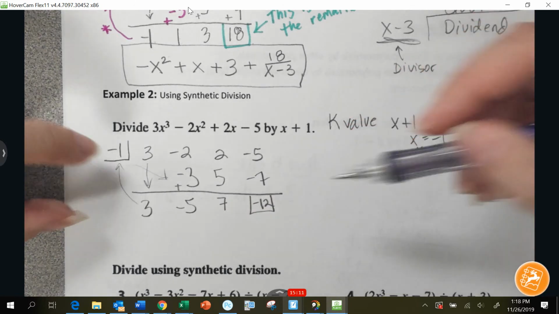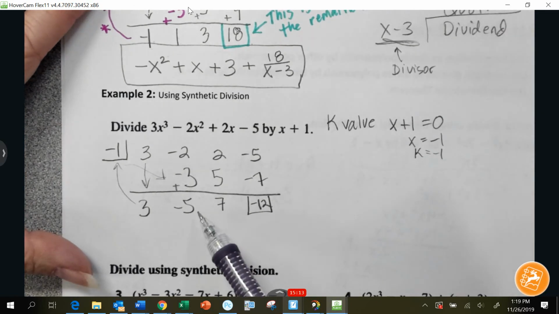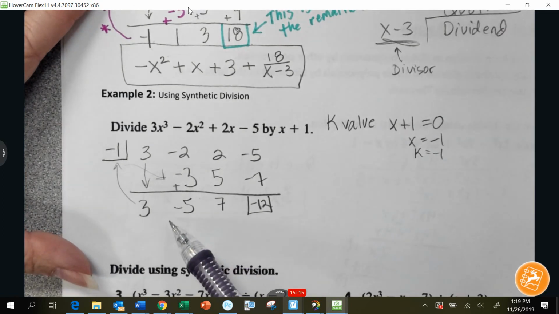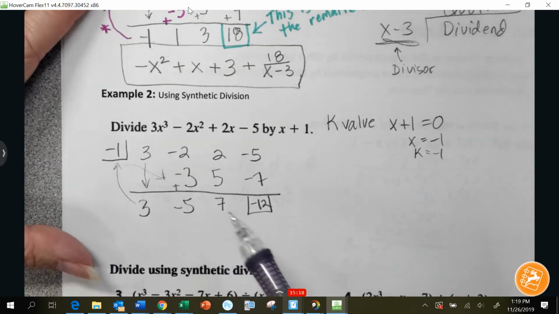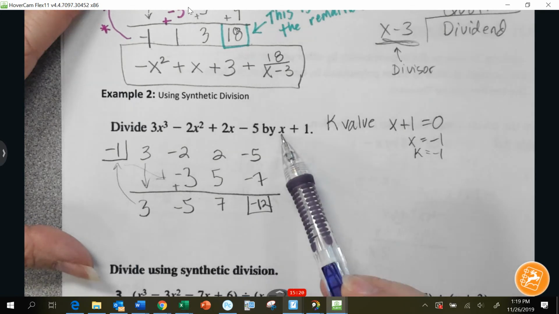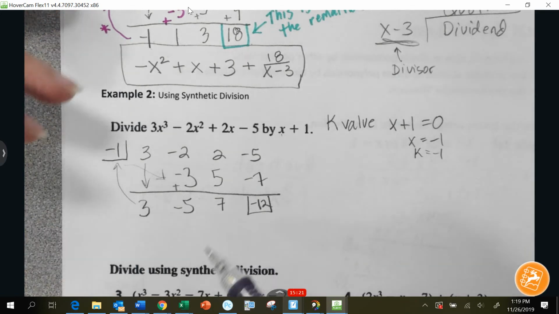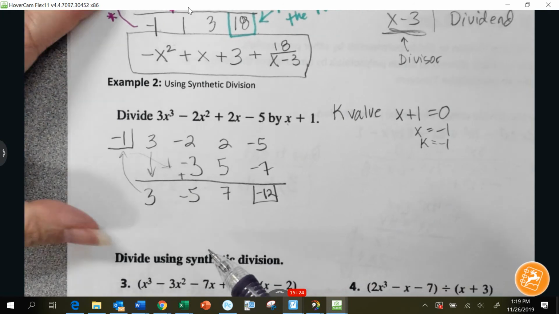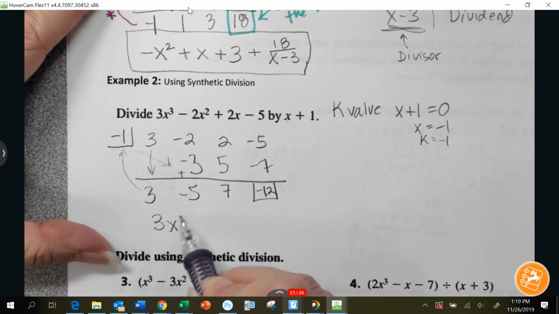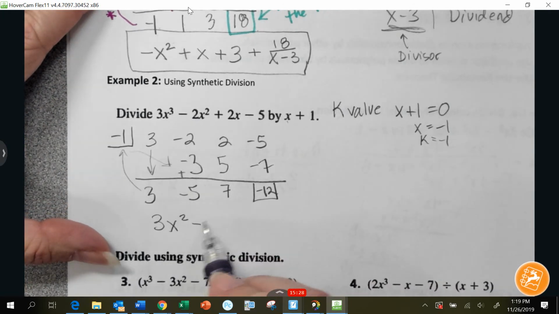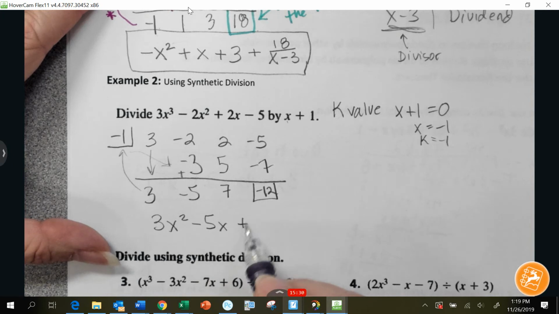Okay, so this was cubic, and we divided out x to the first. What's our answer going to be in the form of? Quadratic. So we'll have 3x squared, and we put the signs back in, minus 5x plus 7.